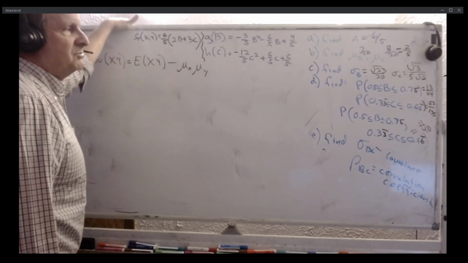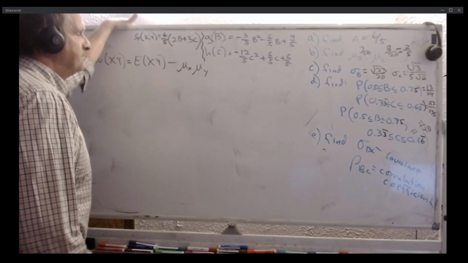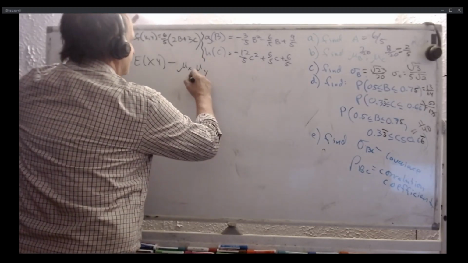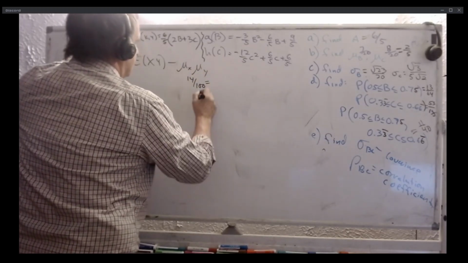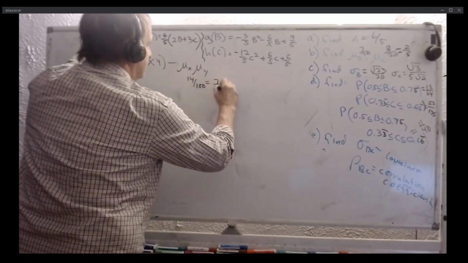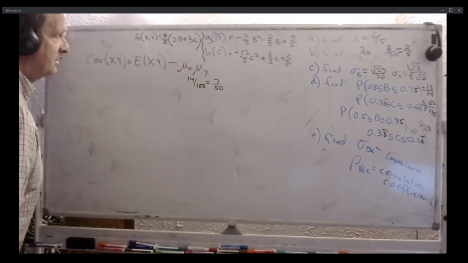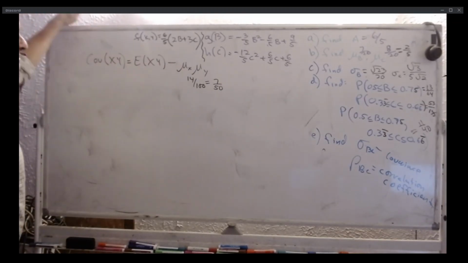Isn't it 14 out of 100? Yes, it is. And that's going to equal 7 out of 50. So we just have to subtract 7 out of 50 from the expected value of xy.